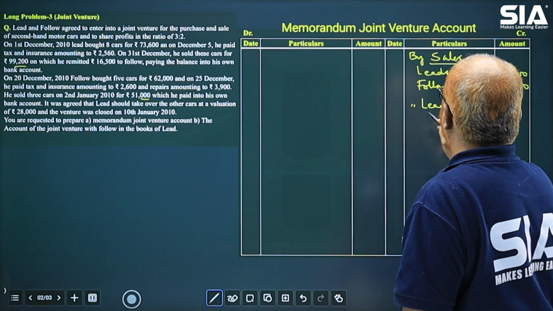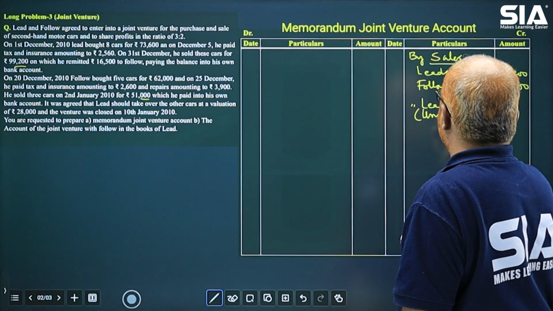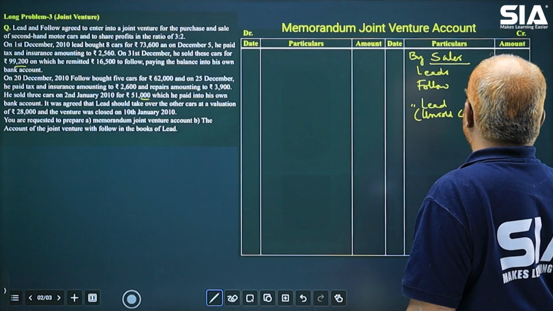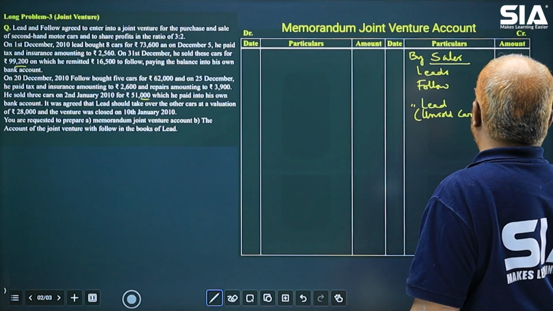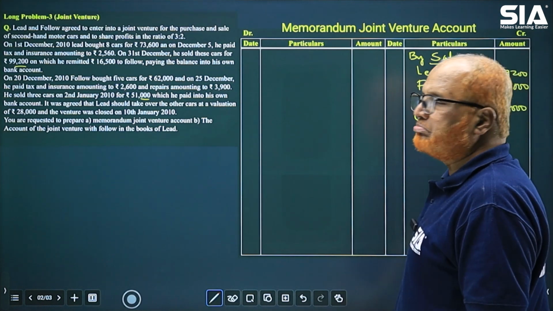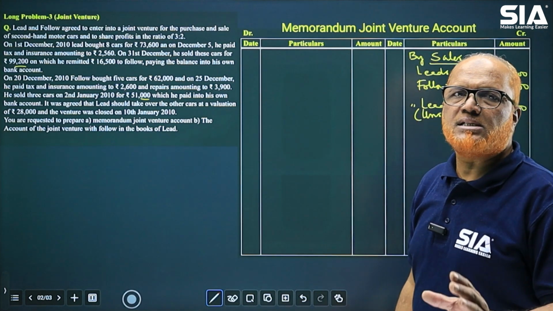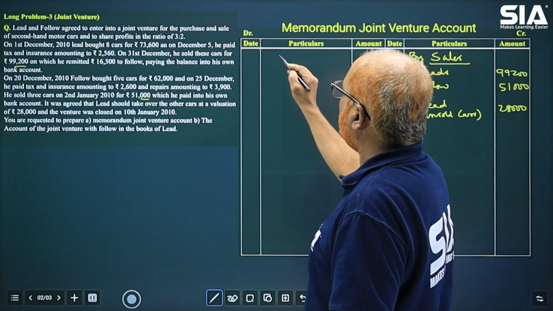Lead, unsold cars. Unsold cars are taken over by Lead at an agreed value of 28,000. That's all. Now, debit side we take all purchases and expenses.